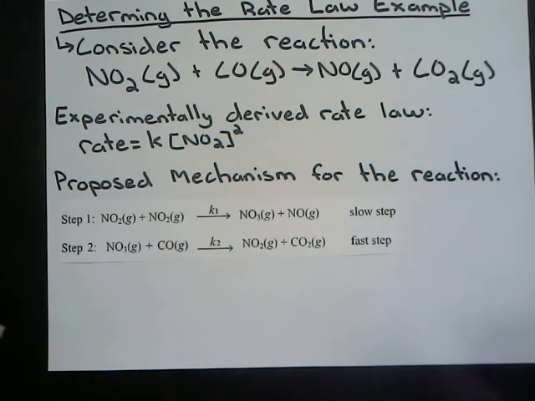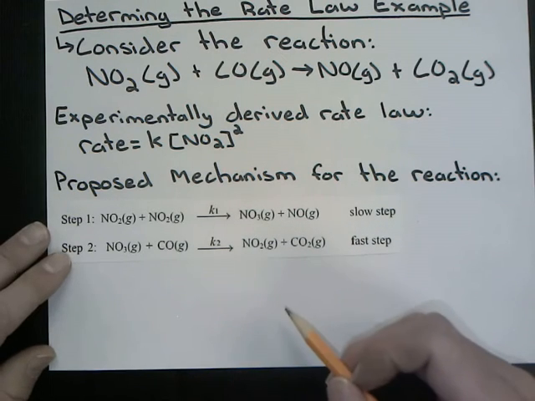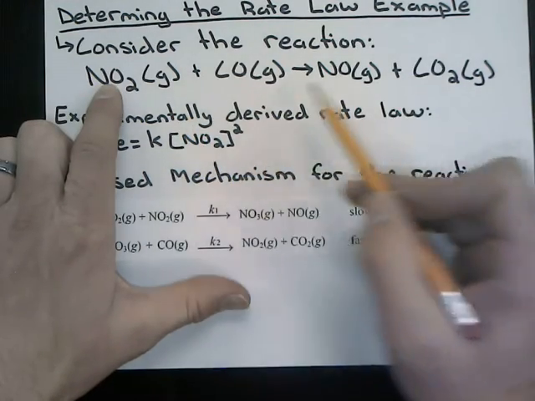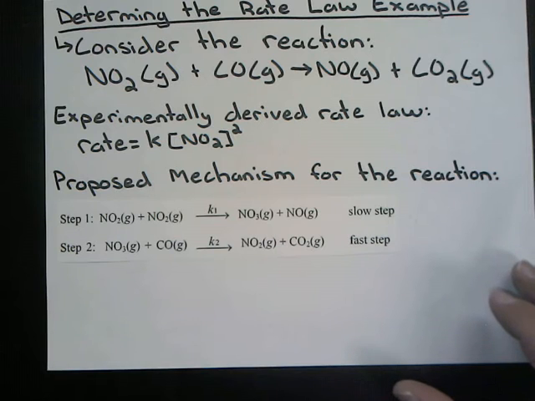Again, this is a prediction, and we're trying to prove that it can happen. The first thing says these reactions added together must equal the reaction that's given. So we have to check that first.